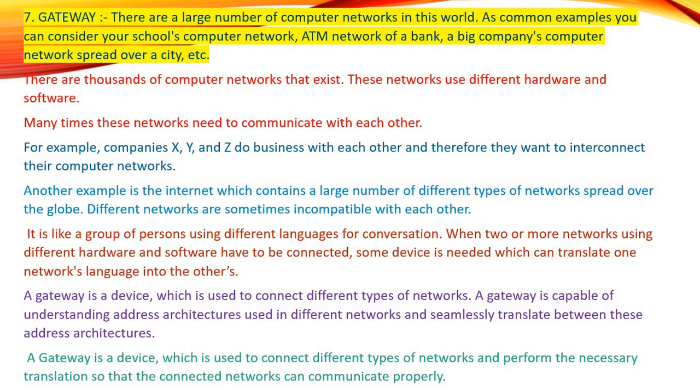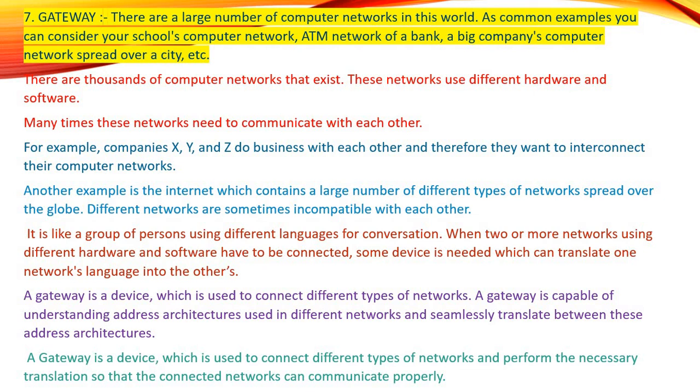When two or more networks using different hardware and software have to be connected, we require a certain device which can translate one network language into another. So the gateway is that device, the medium used to connect different types of networks.